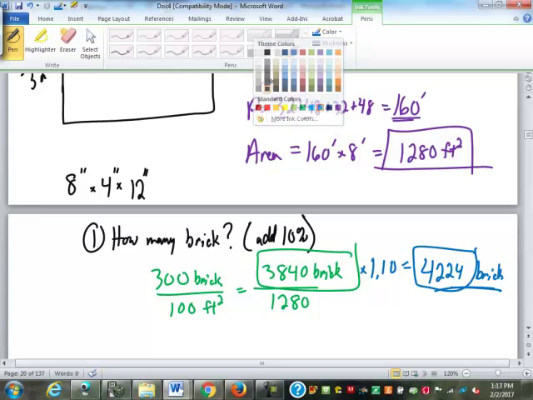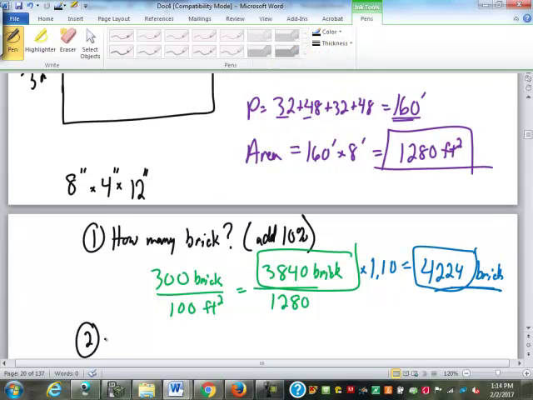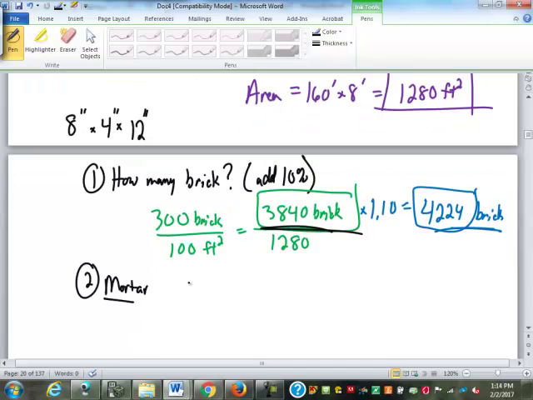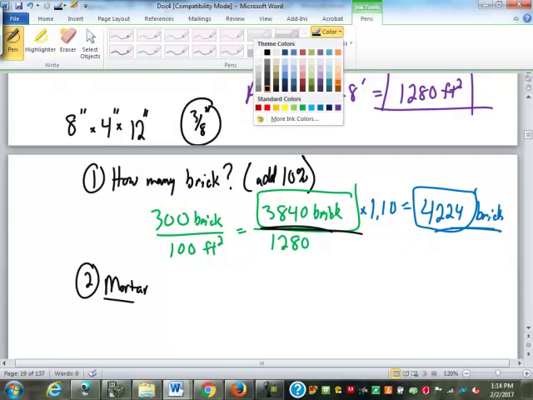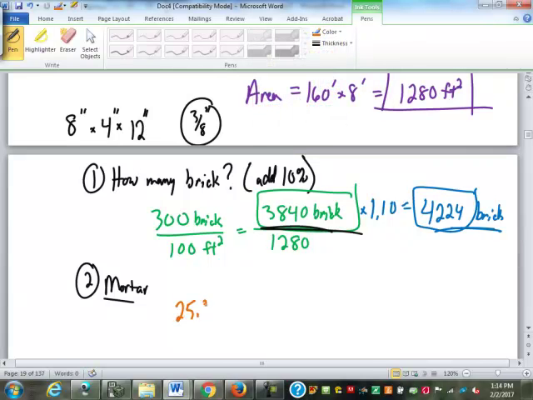For mortar, I go back to the original number before the estimate of waste. For mortar, what does it say if it's a 3/8 inch joint? 25.9, right? That's 25.9 per what? Per 1,000 brick.